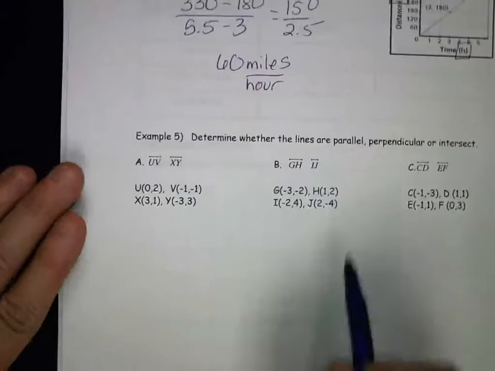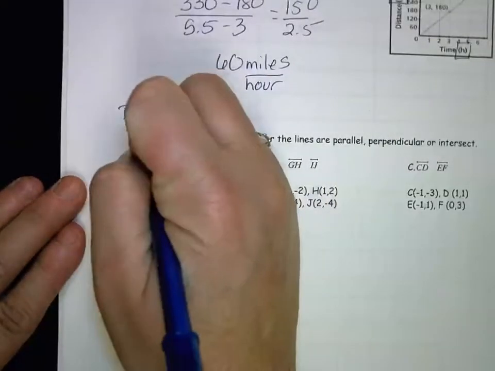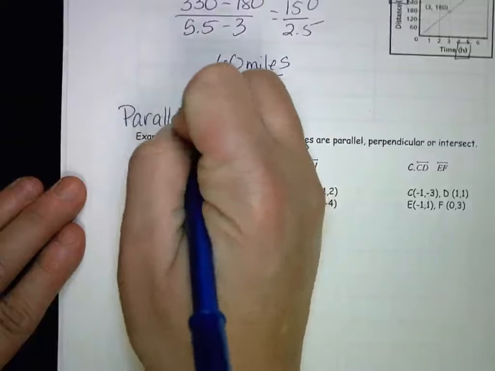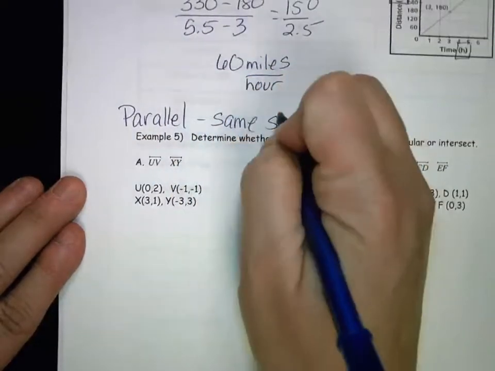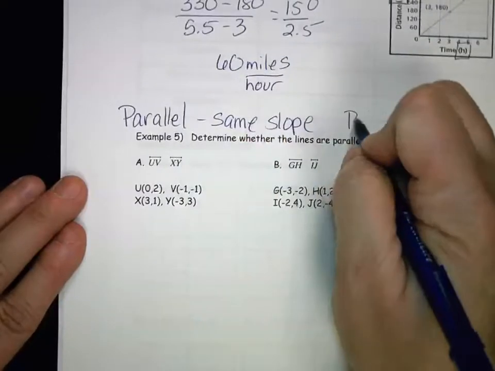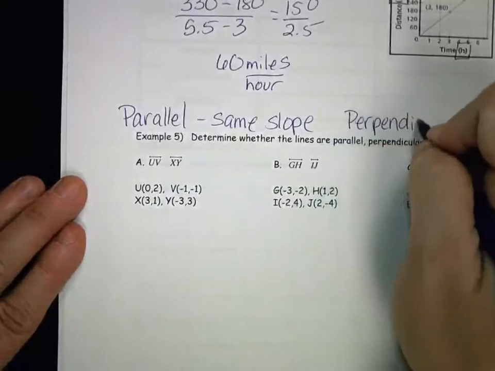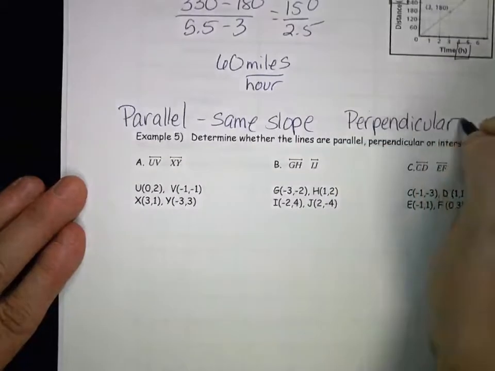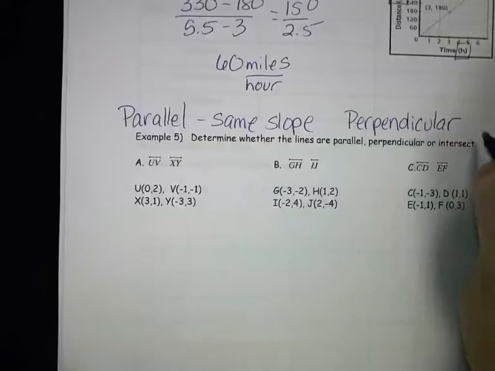Before example 5, I want to write a reminder here. If your lines are parallel, that means they have the same slope. And if your lines are perpendicular, that means the slopes are negative reciprocals or opposite reciprocals.